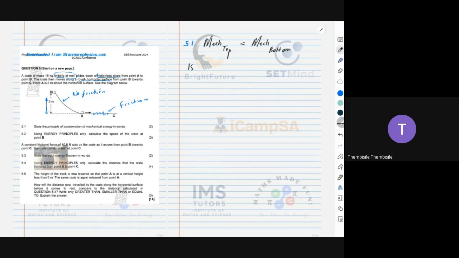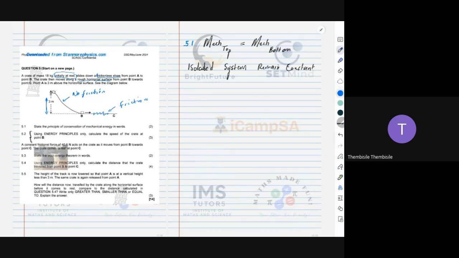So the mechanical energy remains constant. Okay? Now they are saying use energy principles only to calculate the speed of the crate at point B.